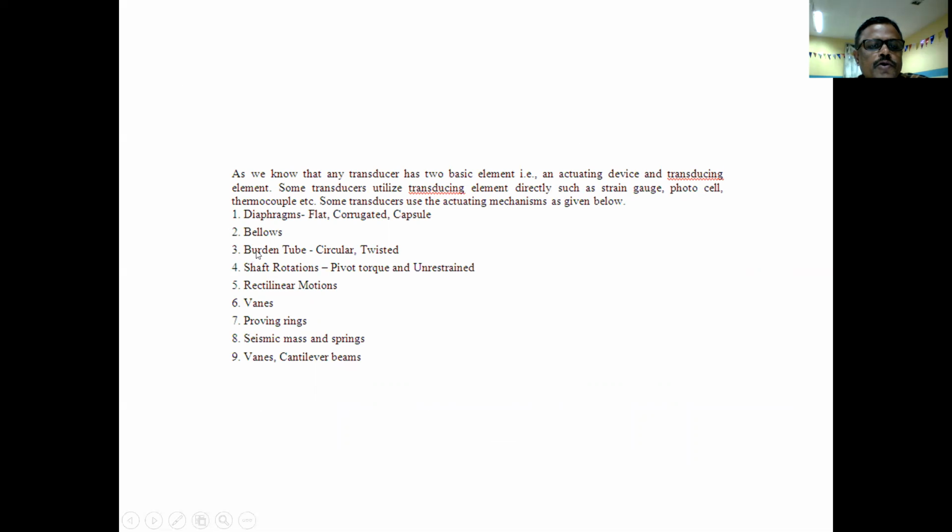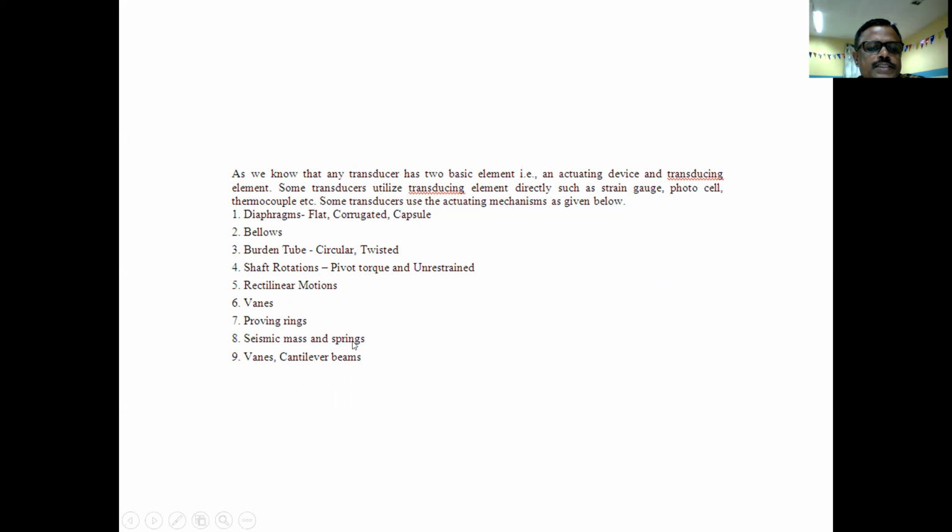Then there is Bourdon tube. It can be circular or twisted. Then the actuating mechanisms for shaft rotations can be pivot torque or unrestrained type. Then for rectilinear motions, vanes, proving rings, also for converting pressure into displacement, proving rings.